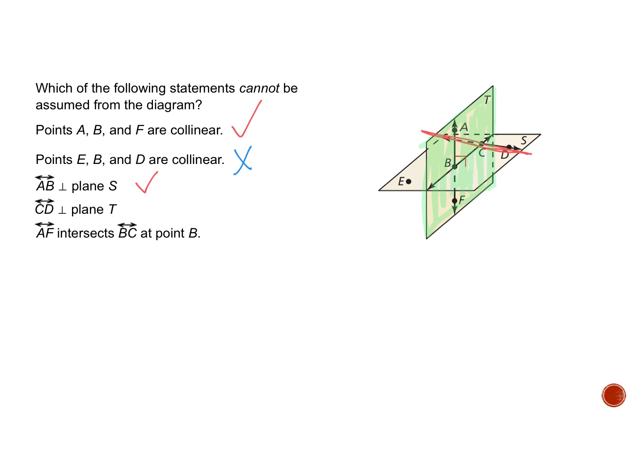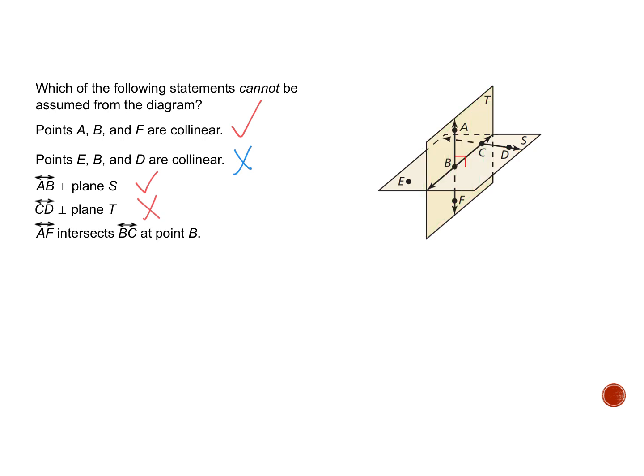There is no right angle symbol to indicate that, so we cannot assume that line CD is perpendicular to plane T. So in this case, this is not true.